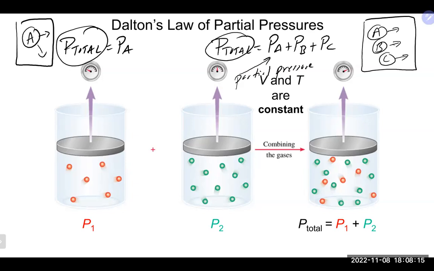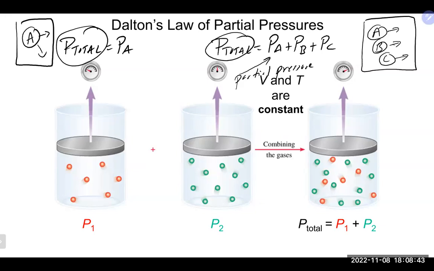Now, how do we get to the pressure for each of these things? A couple of things that we take into account here. One thing is the idea that these gases behave ideally. And what that essentially means is there's really no interaction between different gas molecules in an ideal situation. So even though there's multiple different gas molecules flying around in the container, we could assume that they're in there by themselves.